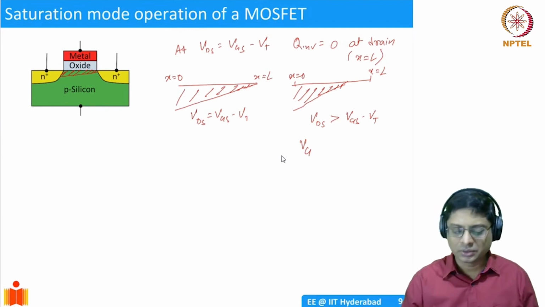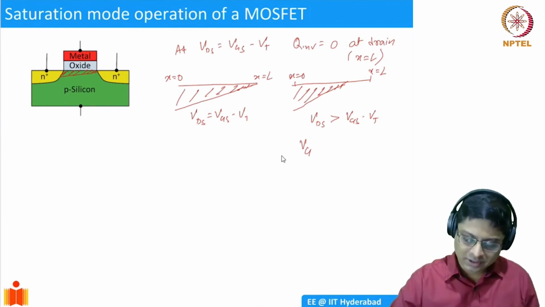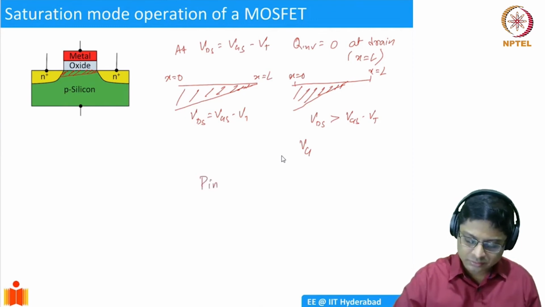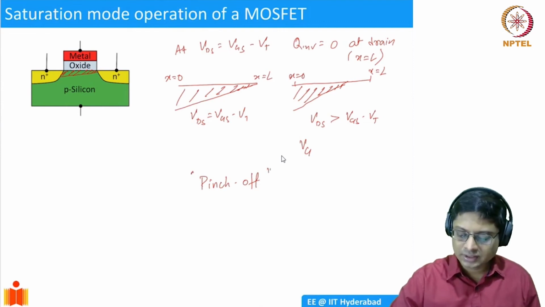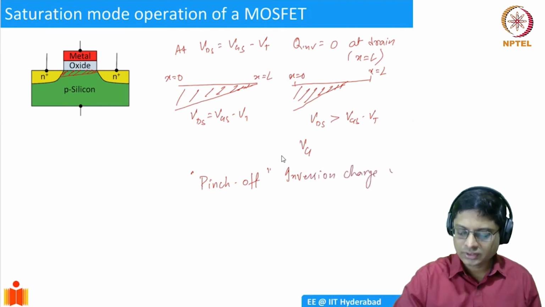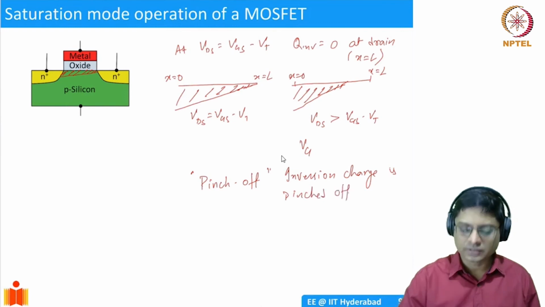And because of that, there's no inversion charge. This phenomenon is known as pinch off. Basically, the inversion charge is pinched off. That's why we call it pinch off.